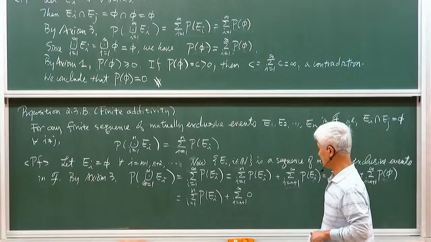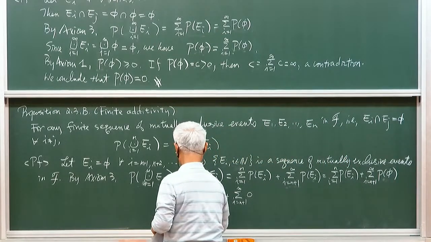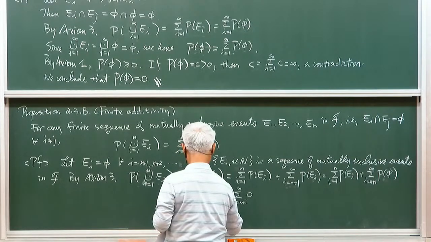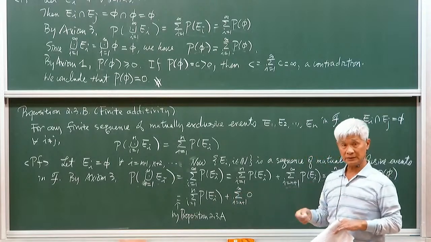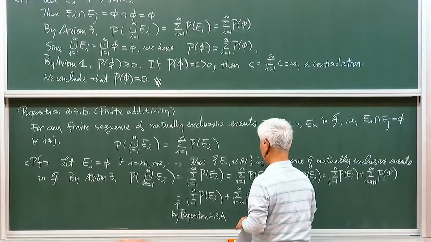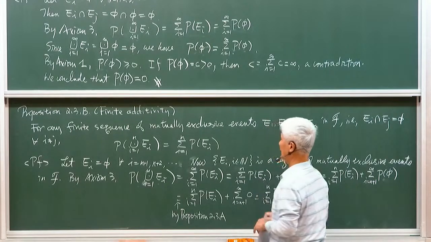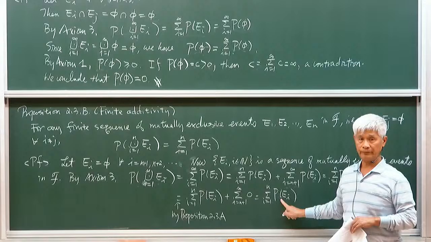The summation of 0 is 0. So the series sum becomes a finite sum first.